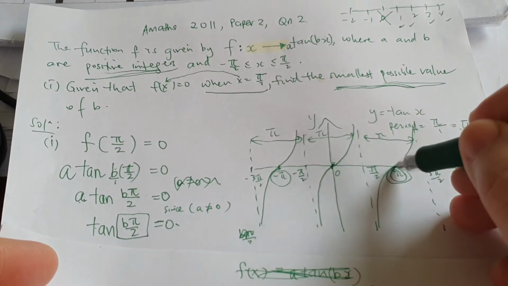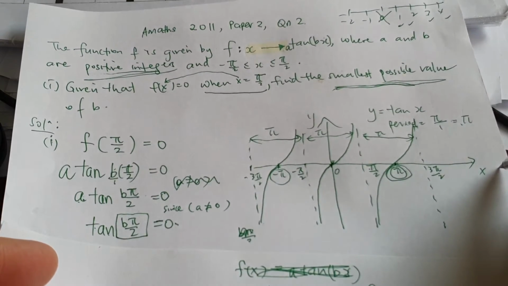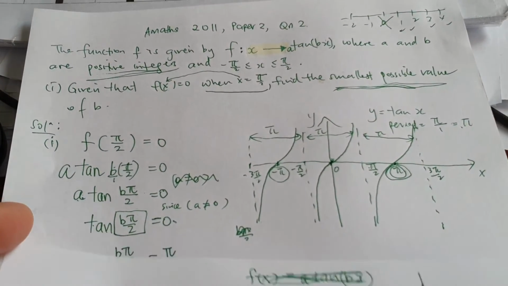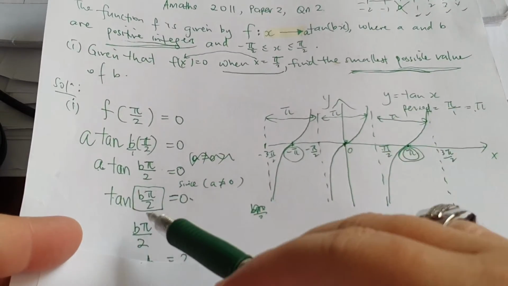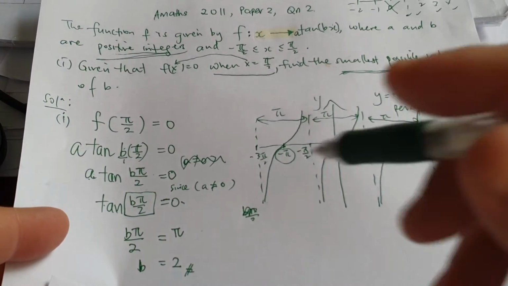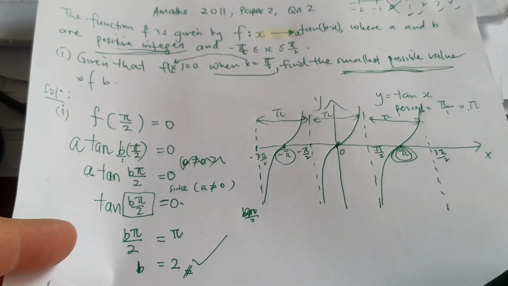If you take the next one here, it'll be bigger than this. So b over 2 pi equals pi. That means your b must be equal to 2. Okay, so that's your answer. Finish already.